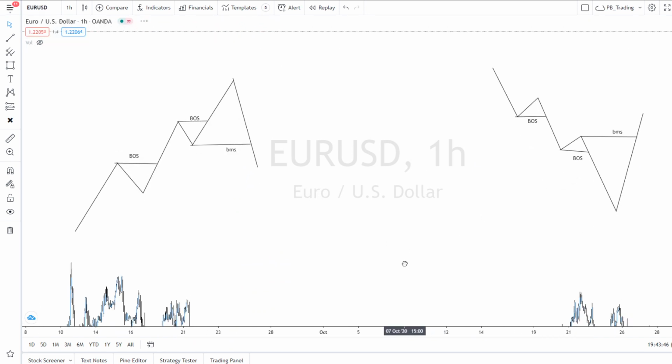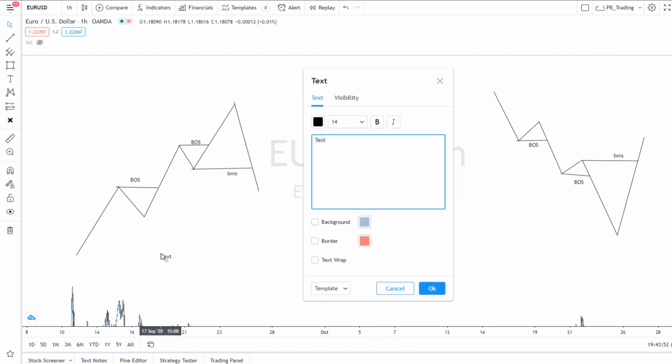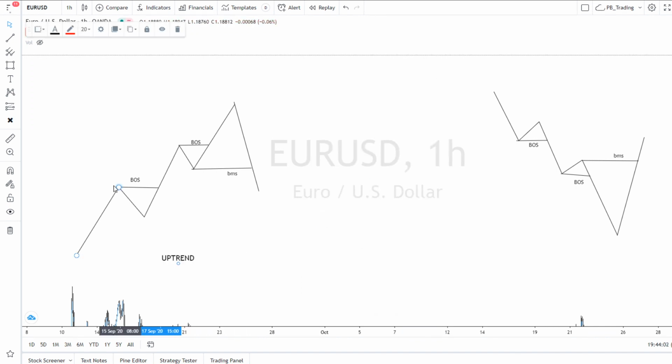Now let's get into some more action here. This is generally an uptrend, as we have already established the characteristics of an uptrend. An uptrend is characterized by higher highs and higher lows. So if we have this one here, we are looking at an uptrend.